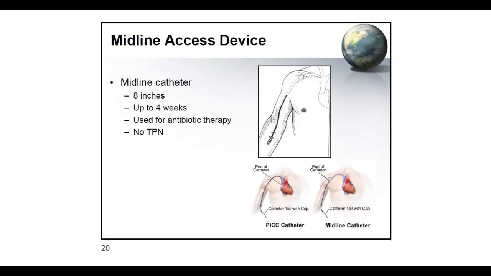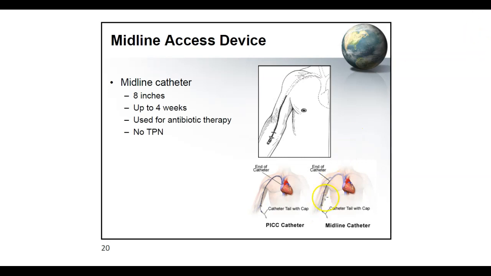All right, next, let's talk about midline access device. So again, as mentioned earlier, midlines are somewhere in between a peripheral line and a central line. So the difference is it's a lot longer, and it goes in a bigger vessel than a peripheral line. But unlike the central line, right, the central line goes all the way to the central circulation. Midline doesn't make it there.